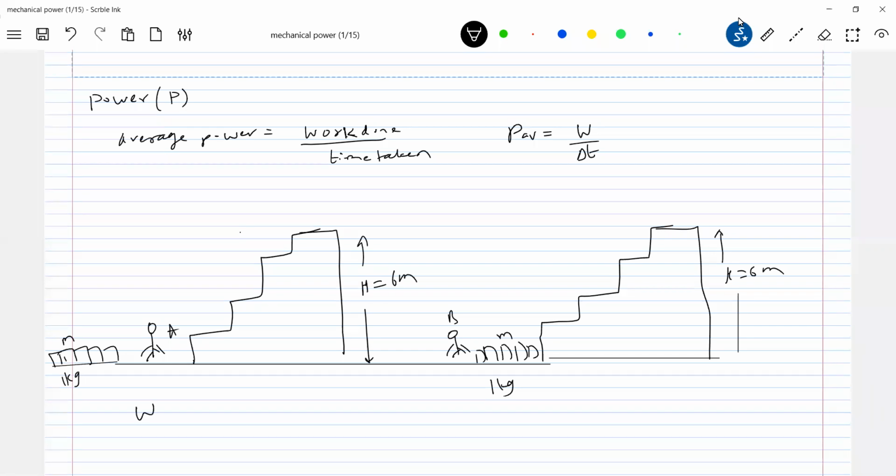We do it like this, 5 into mgh, neglecting the effect of his own weight. So 5 into 1 kg into 10 into 6, this will be 300 joules of work he'll do. What about the work done by the other person? He will also do the same work, no?